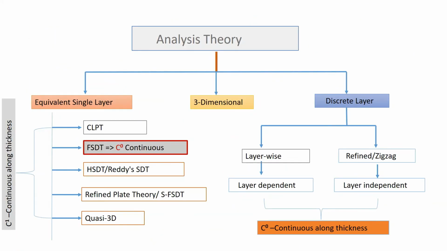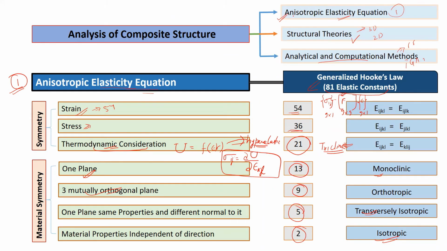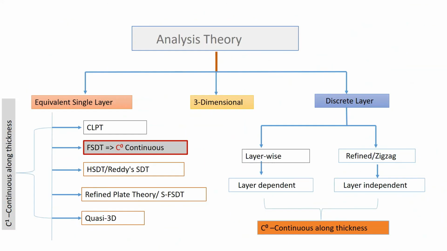Further, now we will come to the second part. In the first part we studied anisotropic elasticity. Now we will go to the structural analysis theories. Here we will study the structural analysis theory.